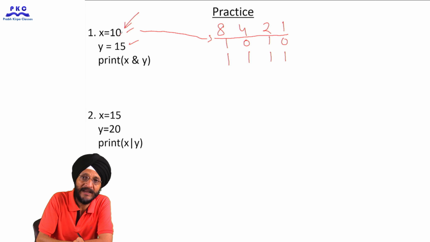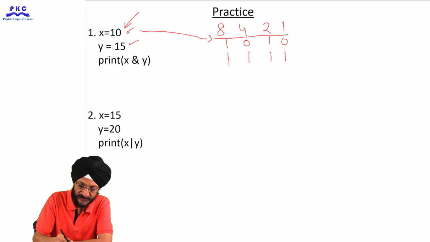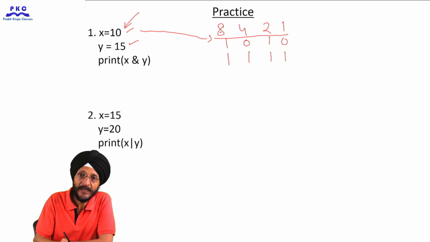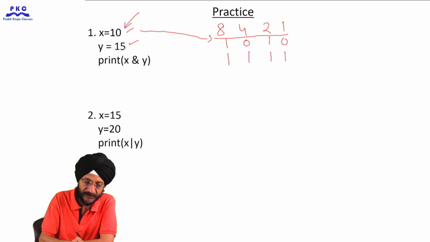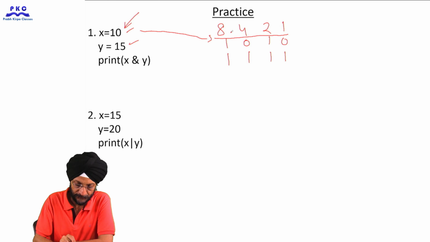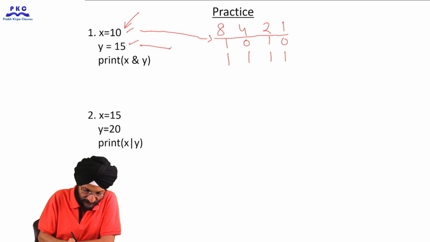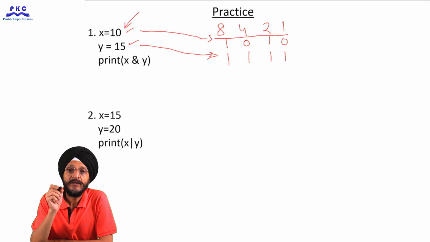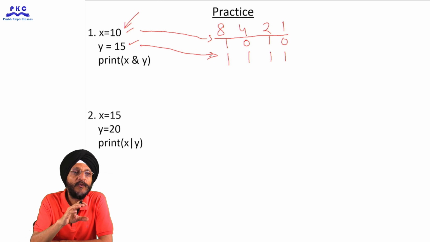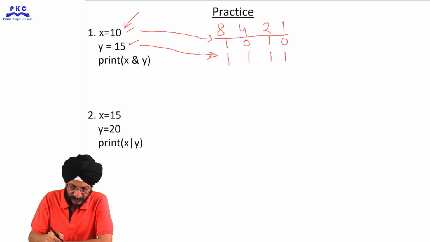So we have to arrive at a value equal to 10 or less than 10. Here we have arrived at 8, which is less than 10. If we multiply 8 by 2, it becomes 16, which is more than 15. So we will restrict it up to 8. So these are the individual bits of decimal 15.